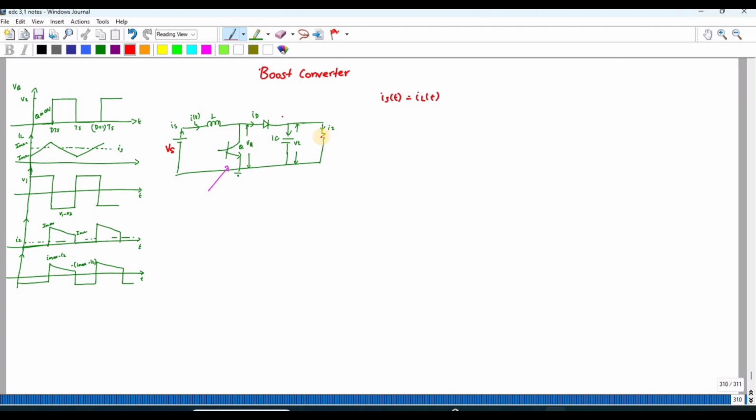So consider the Q is on. When Q is on, the switch is closed. Therefore, I can write Vs is equal to VL, right? Whatever the voltage across this is, VL.